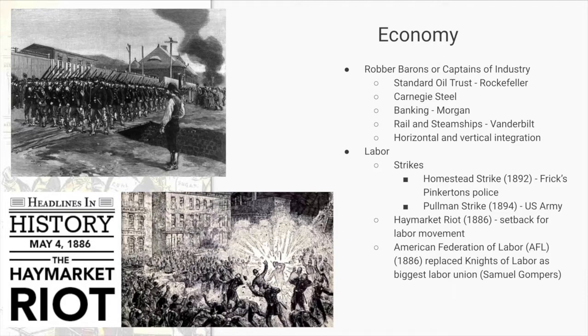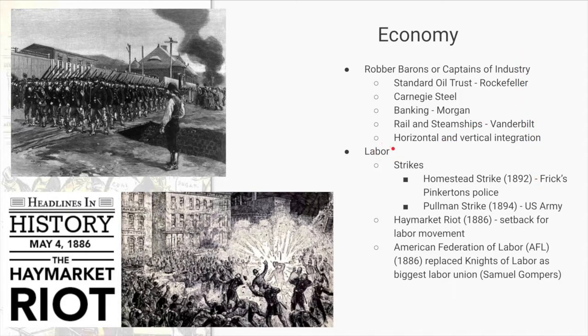Now, horizontal and vertical integration, these are types of monopolies you should know as well. If you remember, Carnegie's a good example of vertical integration, where he buys up all the iron mines and he buys up all the forges and he buys steel distribution plants, and he basically owns every step of the process to produce steel. Okay, so that is vertical integration.